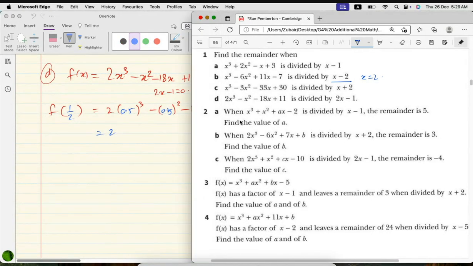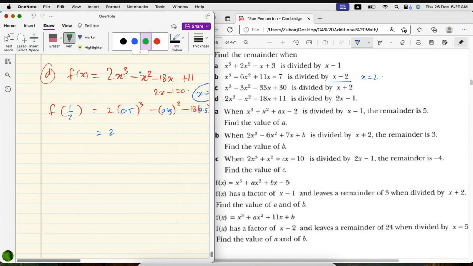Now question number 2, it says find a when this is divided by x minus 1, the remainder is 5. This is a different type of question. We'll try it with both methods. f of x is equal to x cube plus x square plus ax minus 2. And when it is divided by x minus 1, the remainder is 5.